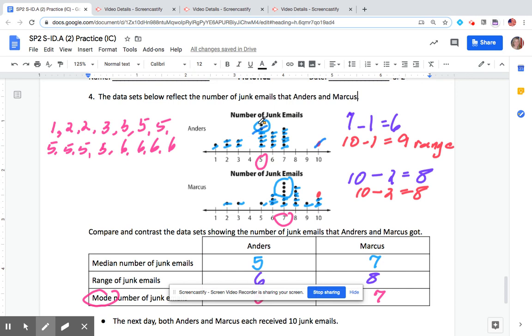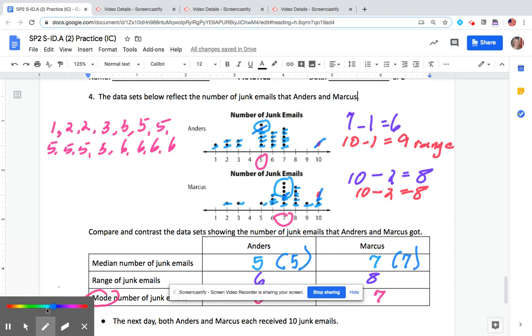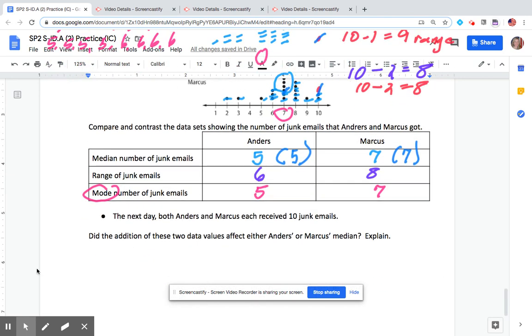And so my median for Anders is still a 5, even with the 10 being added. For Marcus, if this was now his high data value, then one of these is going to be crossed out, and his median of 7 was not affected. And so we find out that neither median was affected.